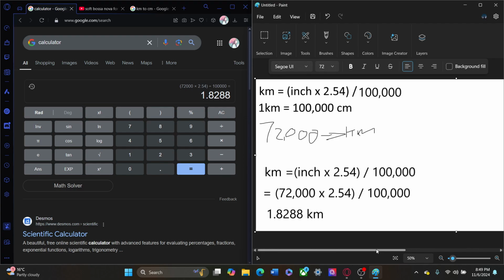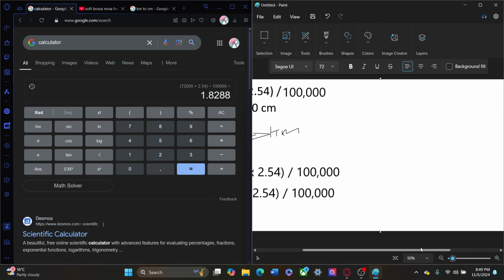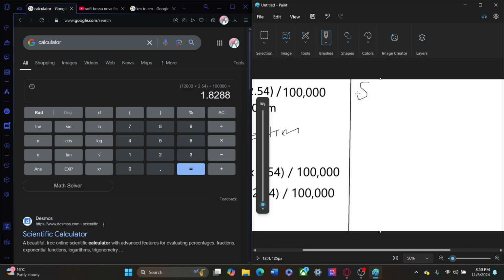Now, let's do another one. Let's use 82 for our example, for our next one, okay? So 82, 1, 2, 3, 82,000. We're changing that to kilometers, okay?